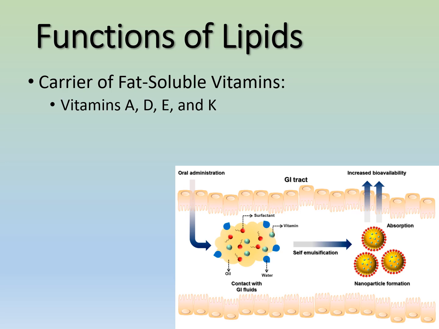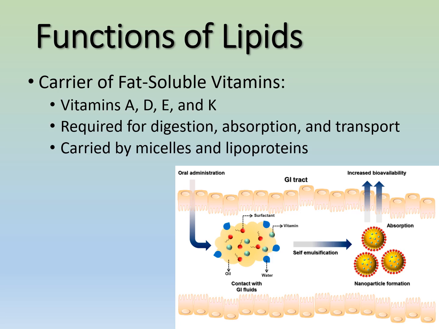We also need lipids to be able to carry and absorb those fat-soluble vitamins. It's really required to digest, absorb, and transport those vitamins into our cells and into our body, because they are carried by those transport lipids we talked about, those micelles and lipoproteins, where those phospholipids create those spherical structures to help carry the lipids inside of them.